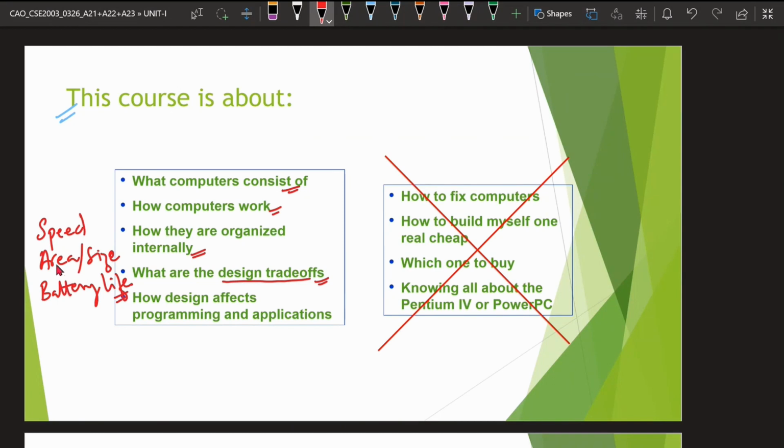So different performance parameters are there, so we should be having a trade-off. Trade-off means suppose an application is there where we want results within a second.